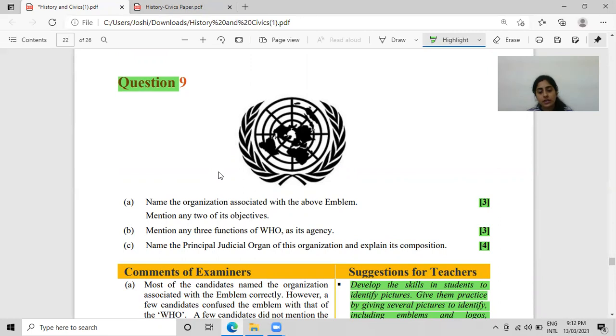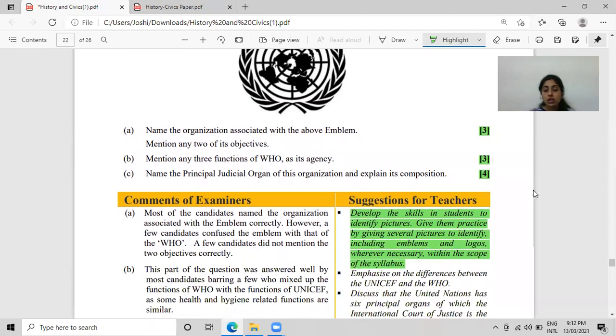So it is your choice to attempt 3 whole theory based questions or to attempt 2 theory sets of questions and 1 picture study. A particular picture will be given from any one chapter, and the questions will be asked on it.